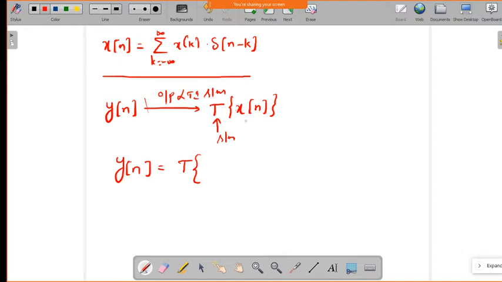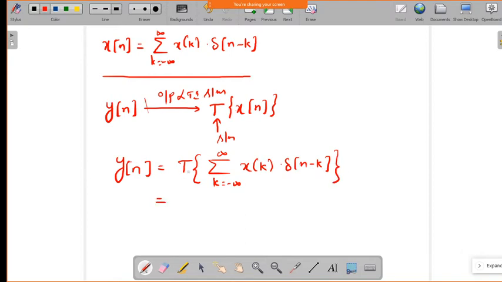So what will be the output of the LTI system with respect to this arbitrary input signal x of n, that is summation k equal to minus infinity to plus infinity x of k into delta of n minus k. Okay, so this is the output of the system.